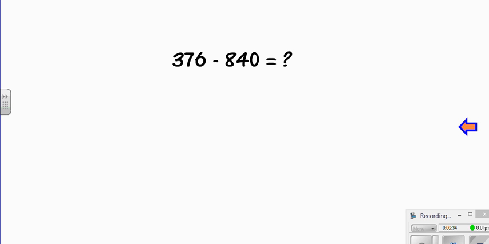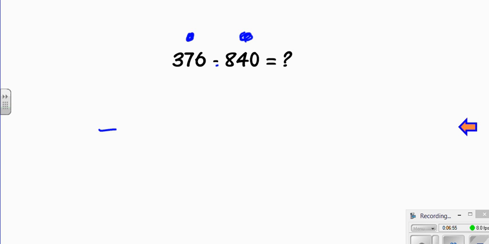As we look at this concept, we see 376 minus 840. As we look at this expression, we say, how do I solve this? Well, the first thing is we know, right, this is the smaller number, this is the larger number, and we're subtracting. So in the end, we're going to come away with a negative number.